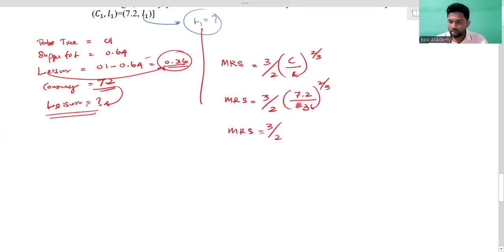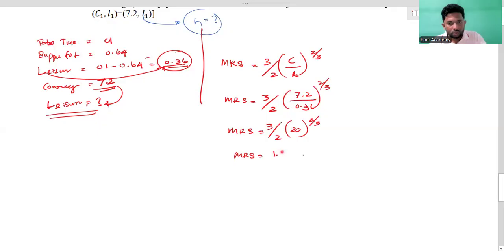So first of all, calculate this. 7.2 divided by 0.36 becomes 20. Then 3 divided by 2 is 1.5.